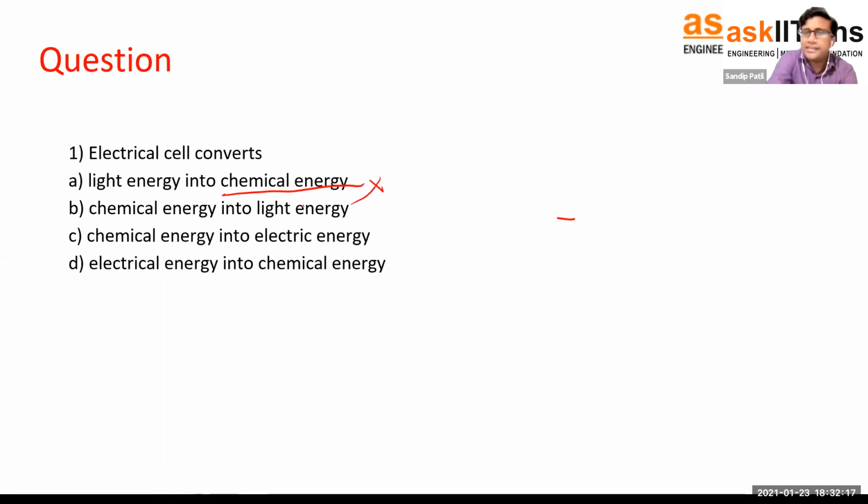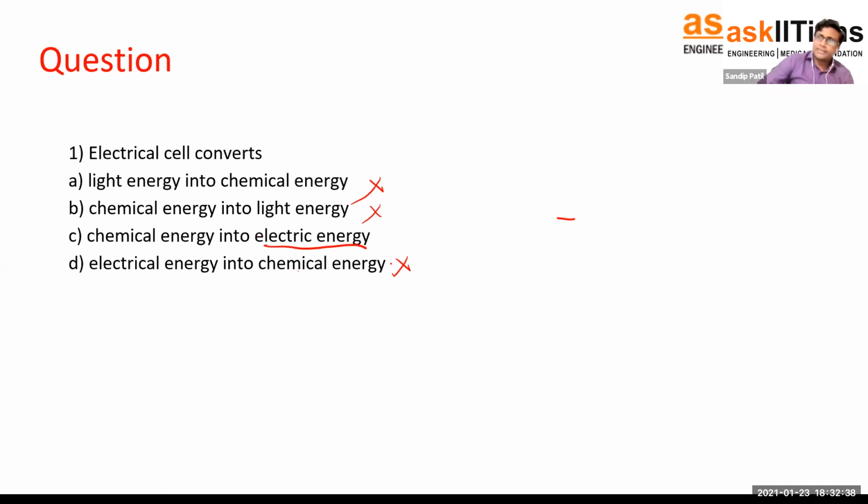Chemical energy into light energy. We are not getting light energy either. So this is also wrong. Chemical energy into electrical energy. Yes, we are getting electrical energy. And electrical energy into chemical energy. We are not getting chemical energy. So obviously there is only one option that says we are getting electrical energy. But what is converting it?